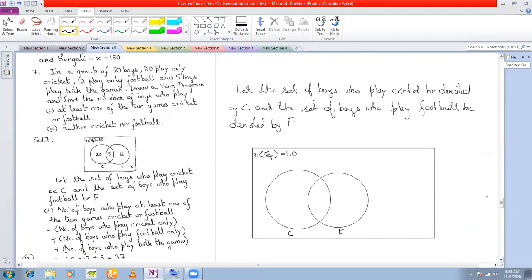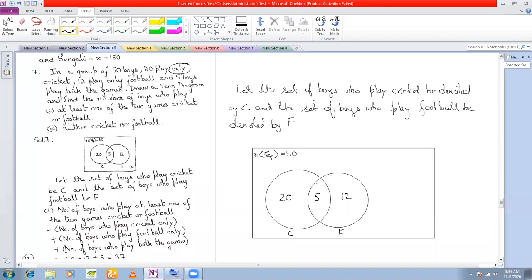There are 20 students who play only cricket, so I can write 20 here. 12 play only football, and 5 play both the games, in the common region of the circles. So the Venn diagram is complete.